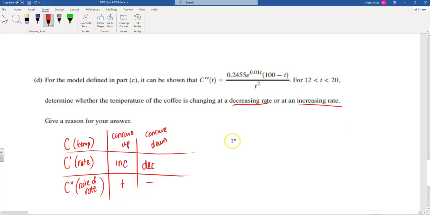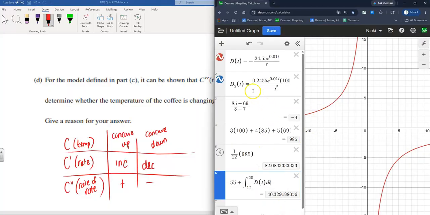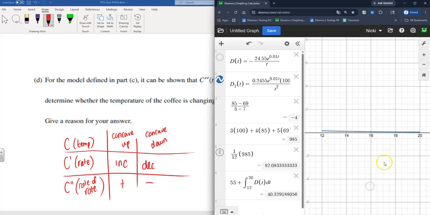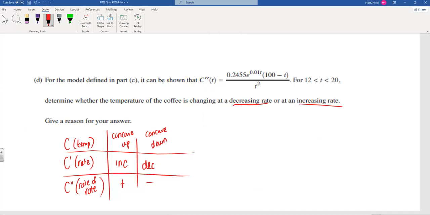But if we look at our graph, if you look at the second derivative here, it's pretty small, but it is positive, right? So you could say, since, don't call it D, call it what they call it in the problem.